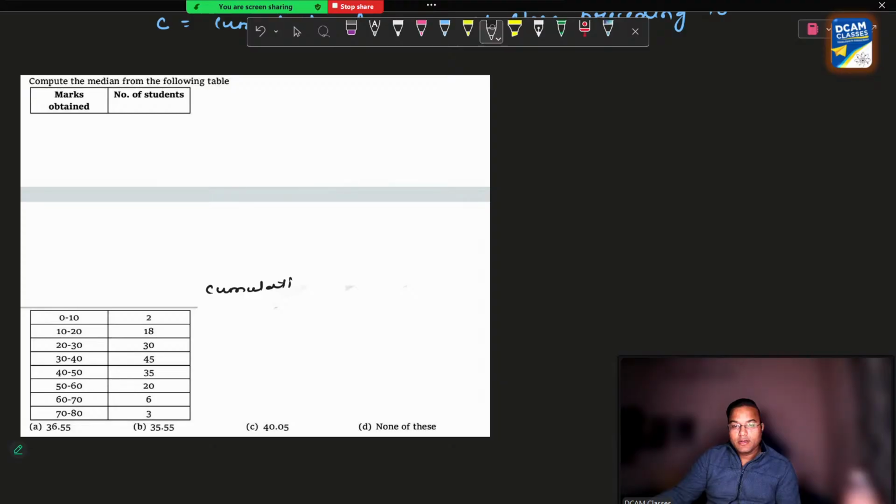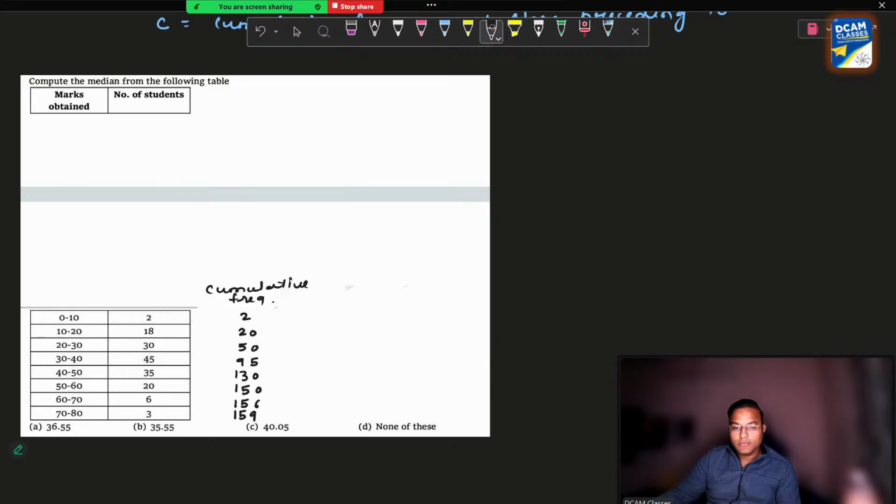Cumulative frequency. It will be 2. 18 plus 2, 20. And 20 plus 30, 50. 50 plus 45, 95. 95 plus 35 is 130, na? 130 plus 20, 150. 159. Okay? Correct, na? No mistake? Haripriya, check.